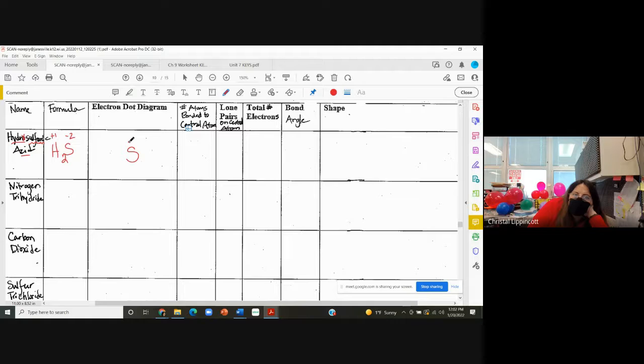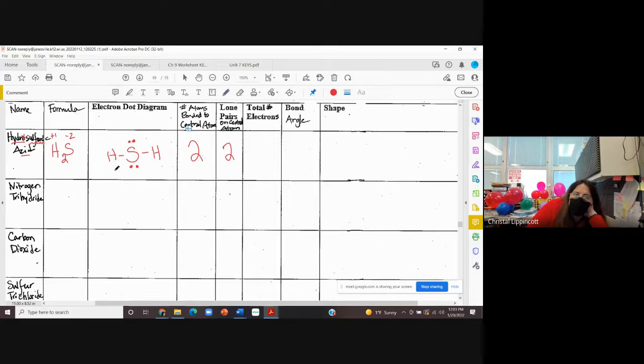And then if we draw this, this is what that looks like. So how many atoms do I have bonded to my central atom? 2. How many lone pairs do I have on that guy? 2.